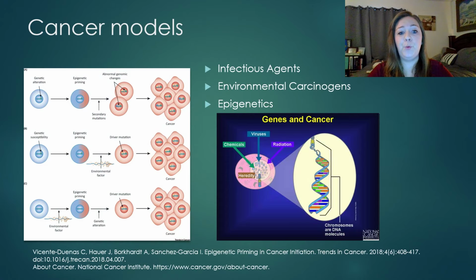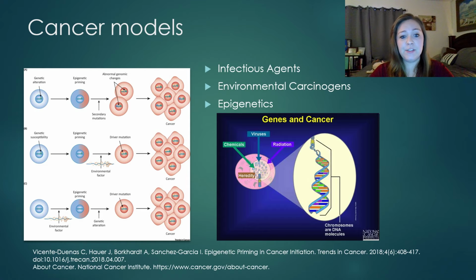So, scientists have come up with 3 models for cancer, and those are through infectious agents, environmental carcinogens, and epigenetics. So the first one being infectious agents, it just means the cancer is a result of cancer-causing viruses that transform normal cells into malignant tumor cells.